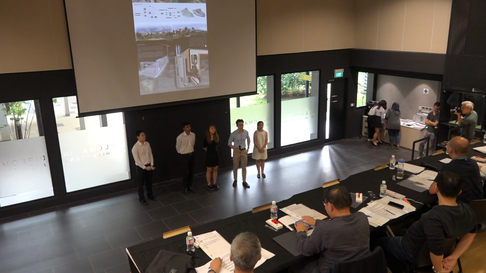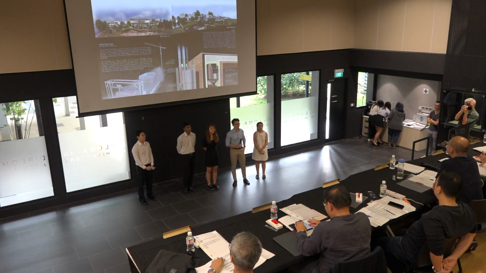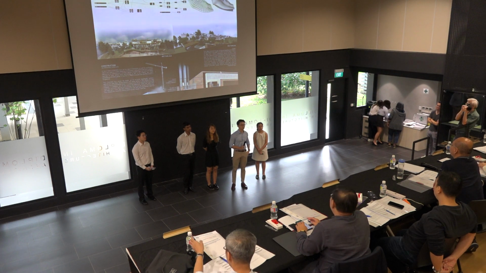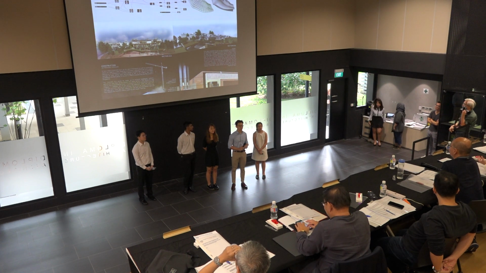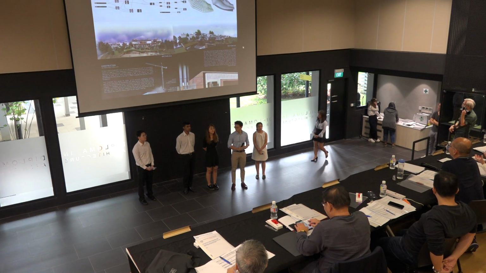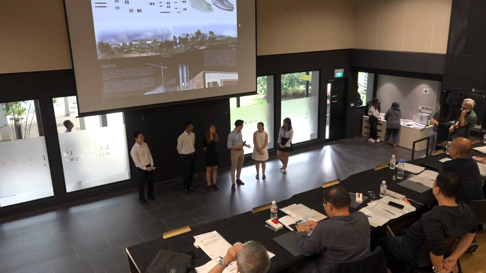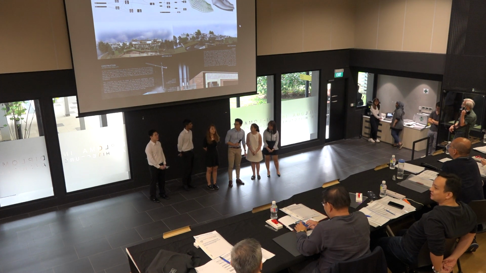Can I just find out, for your Dynamo, for your generative computational design for your road, did you link it up with structure analysis? Because you're doing an entire road with trees, and the structure analysis will change the design drastically underneath.